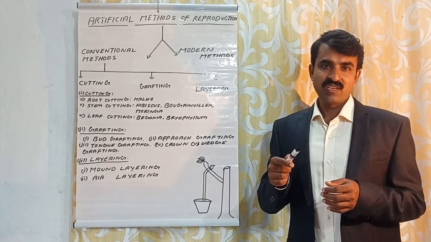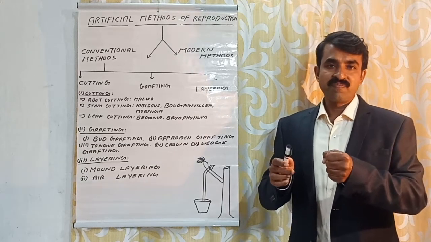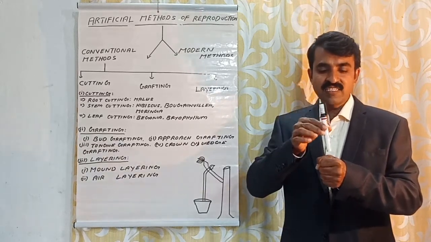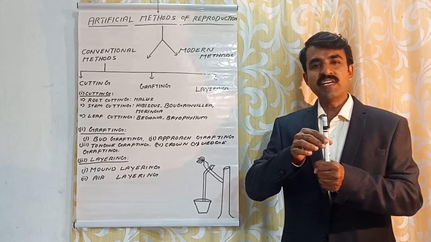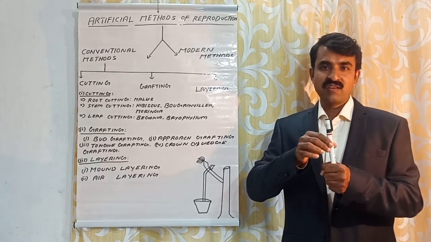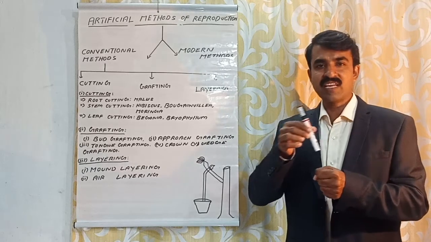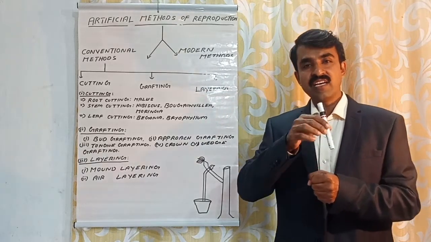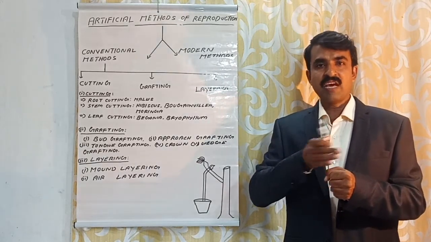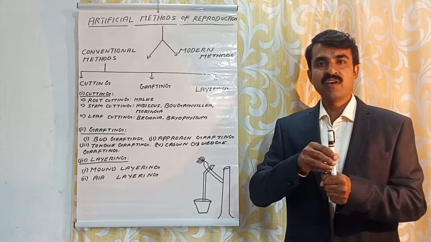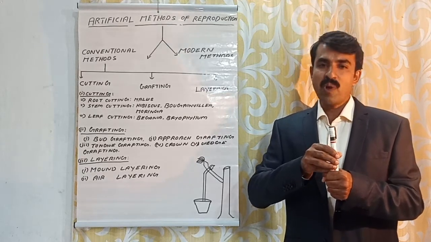If it is a crown, the scion is kept like this. It will develop into a new plant. As I told you in the previous grafting, you should put a tape and it should be joined with wax.